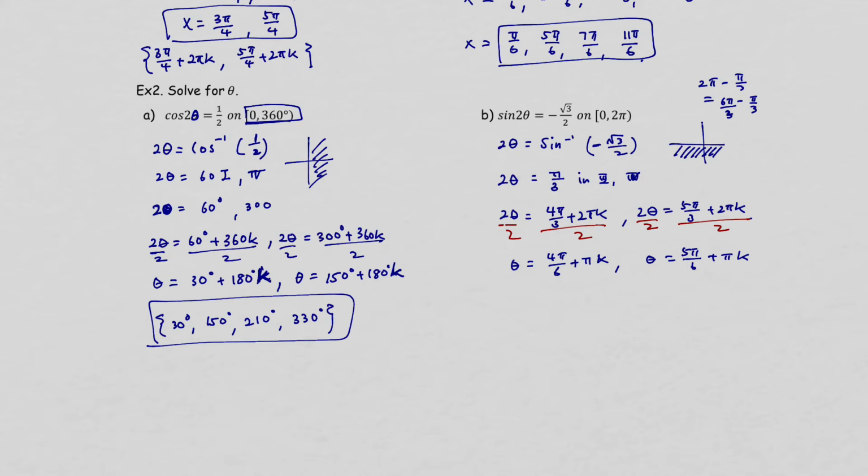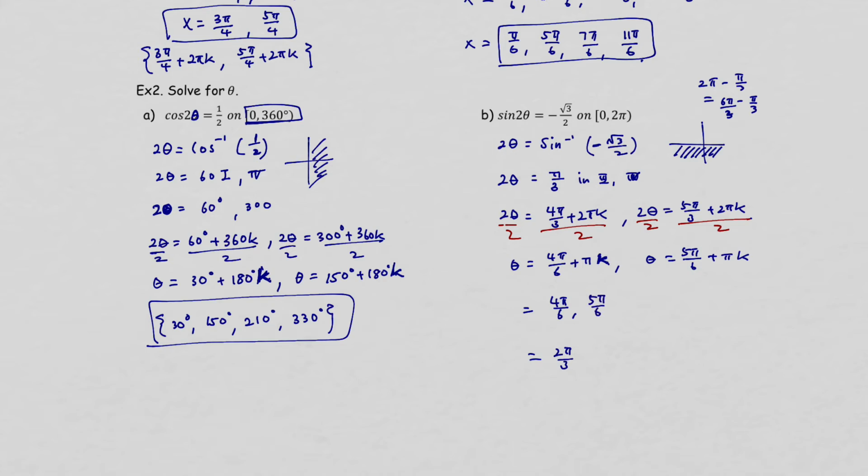So your solution should be, in a first rotation, no rotations, that will be just 4 pi over 3. I mean 6, right? 4 pi over 6. In my head, I was reducing, so that's why I said 3, which is going to be 2 pi over 3. And then that will be 5 pi over 6.